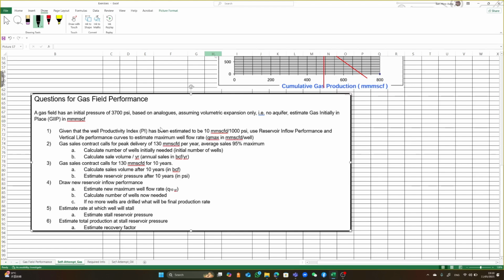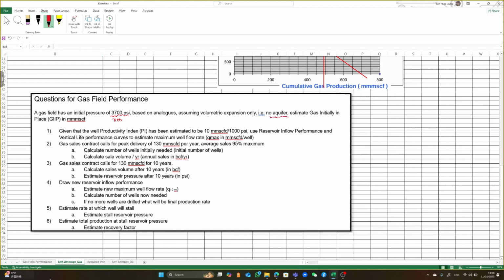Okay, so we have a question over here, which is: a gas field has an initial pressure of 3,700 psi. Okay, this is very important. Initial pressure basically means that this is the reservoir pressure, right? And then based on analogs, assuming volumetric expansion only, that is no aquifer. This is very important as well, no aquifer.